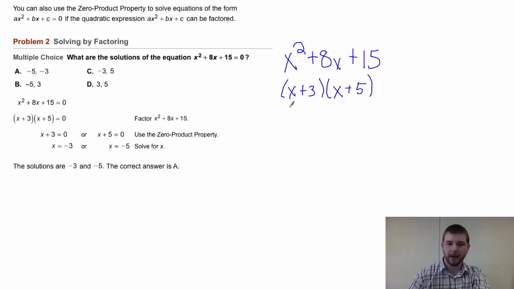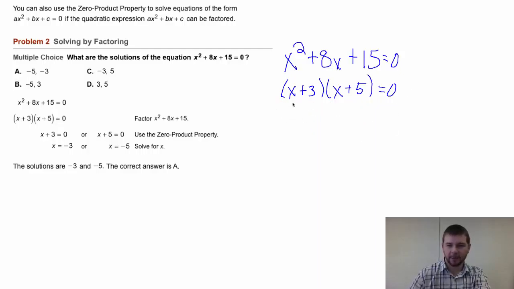And then, knowing that this expression is really still equal to 0, I guess there's no good reason that I shouldn't have written that here. Now I consider the zero product property, which, recall, says if this stuff times this stuff equals 0, then either this stuff equals 0, or this stuff equals 0, or maybe both of these stuffs equal 0.